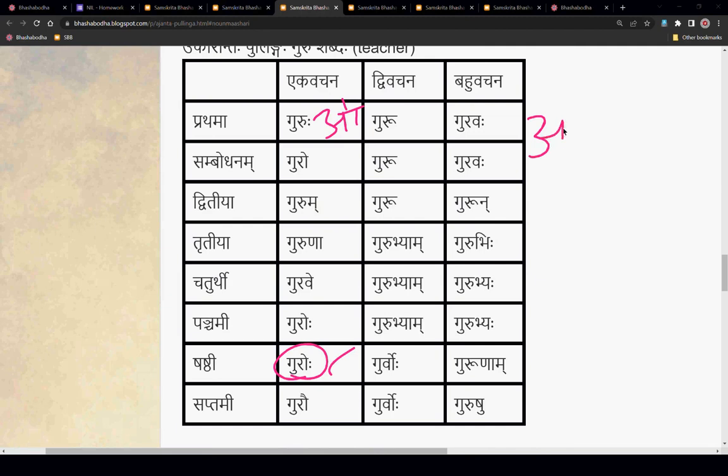O is nothing but A plus O. This is Kantha, this is Oshtha. So O is Kanthoshtha, while U is just Oshtha. So there is an Oshtha involved there, and there is a relationship there.